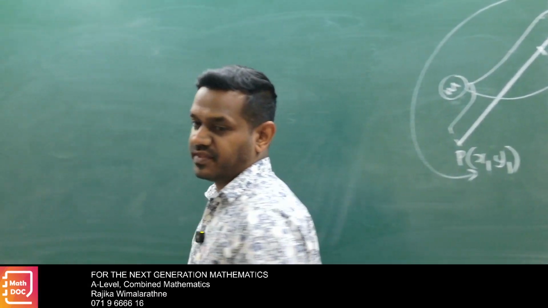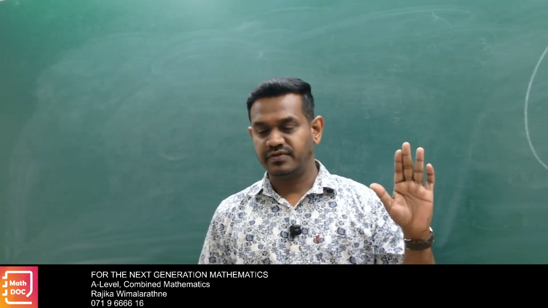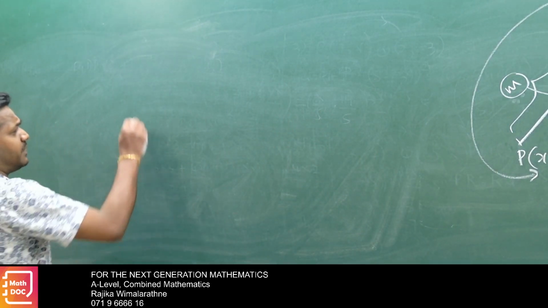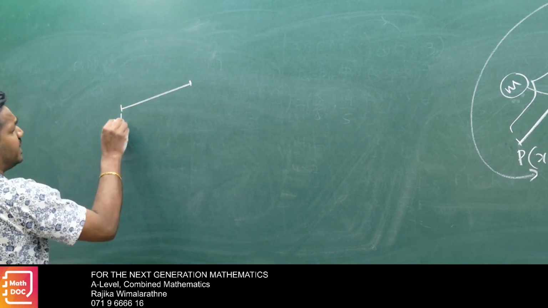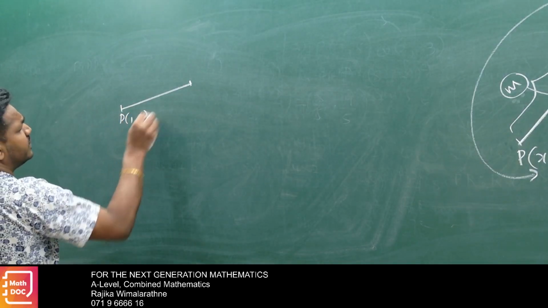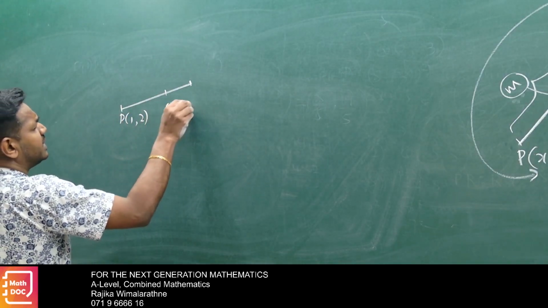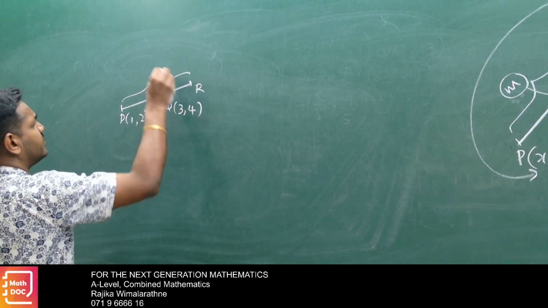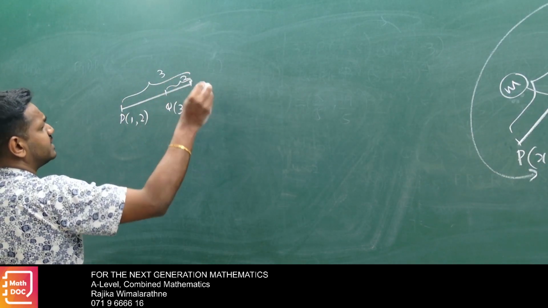Okay, let's do 2 examples. You do with me. See the pattern. Here P is (1, 2). Here Q is (3, 4). Here R divides 3 to 2 externally.